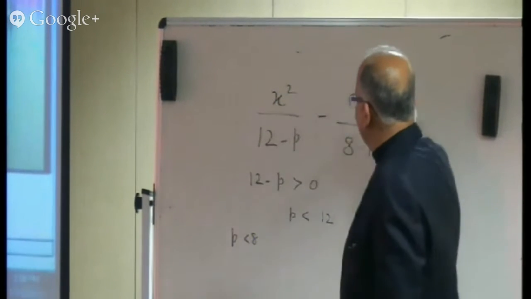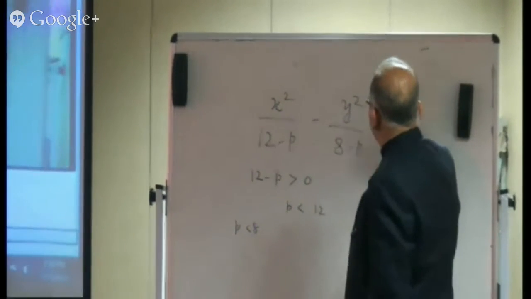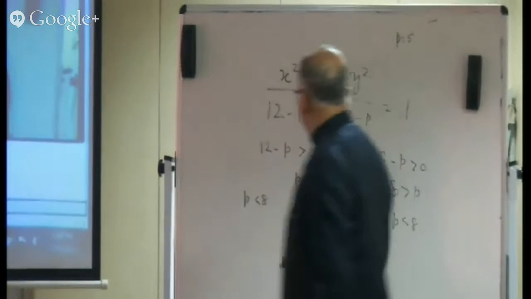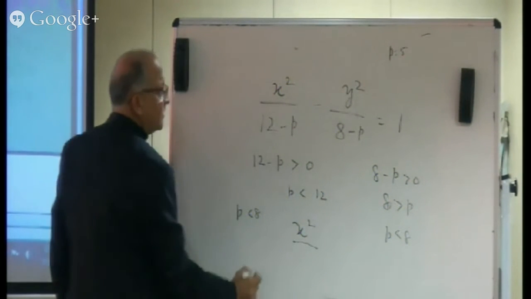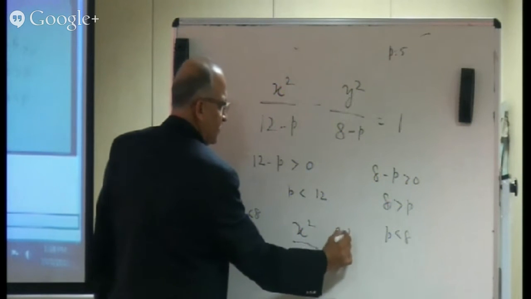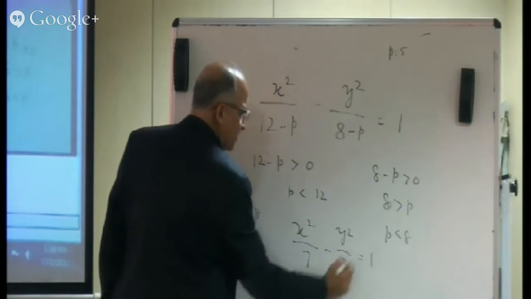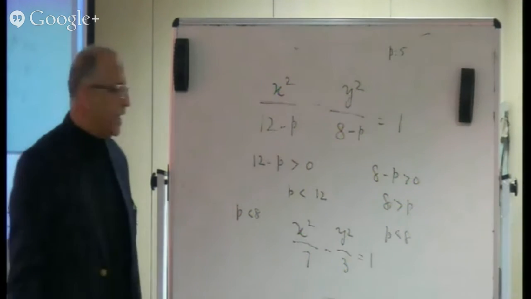Suppose I take p to be 5. What does this equation become? X square upon 7 minus y square upon 3 equal to 1. So this is giving you a hyperbola, p less than 8.